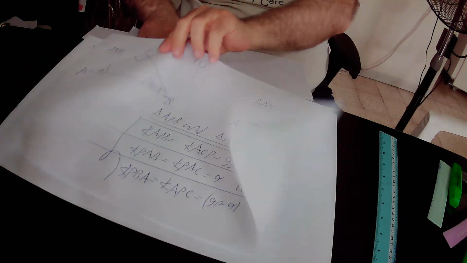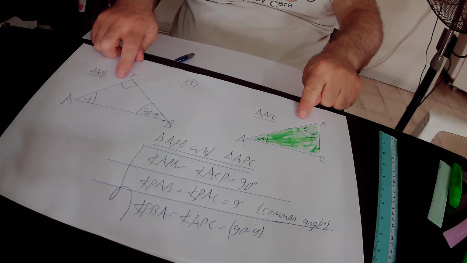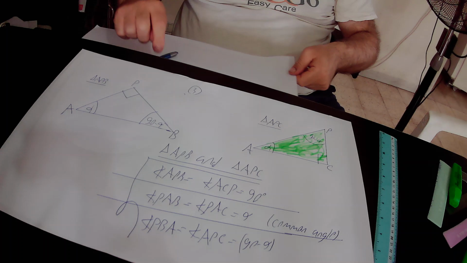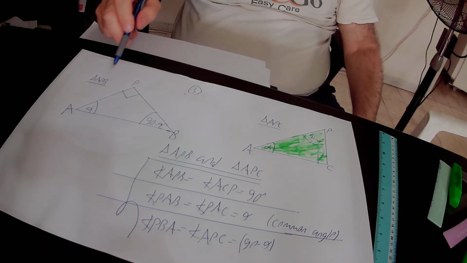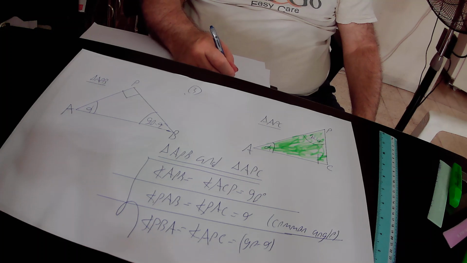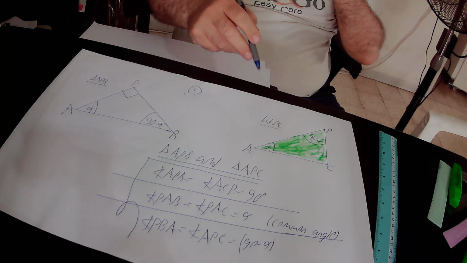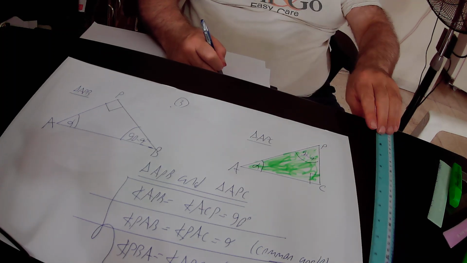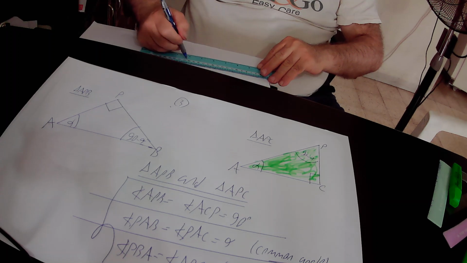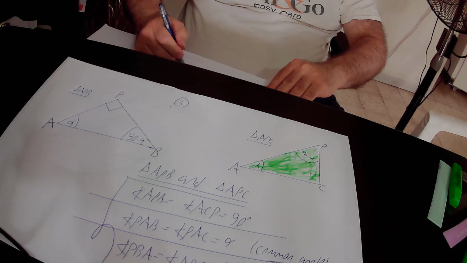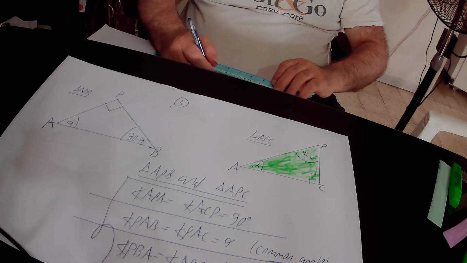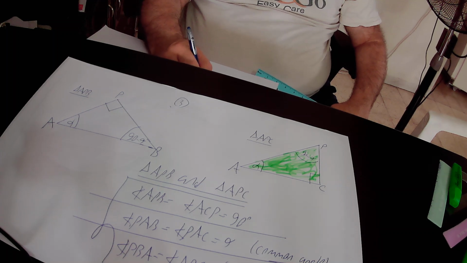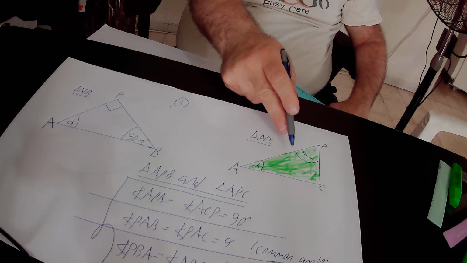And from the fact that those two right triangles are similar to each other, we will derive that the following relationship exists between their sides. We will derive that side AB in this right triangle over side AP in this green triangle equals side AP in this right triangle over side AC in this green triangle.